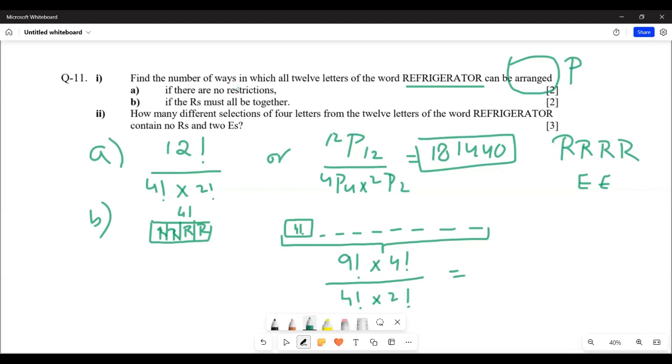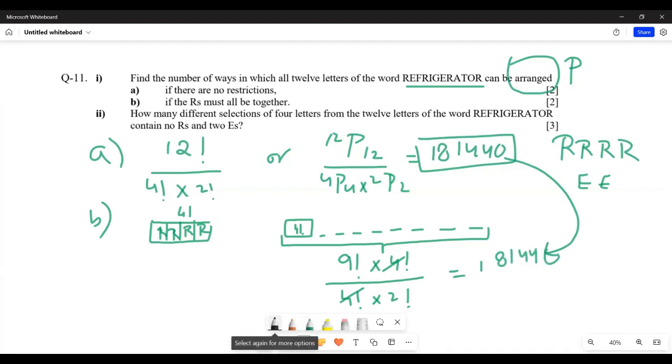So divide that with 4 factorial and 2 factorial. So the answer is, oops, 181440 was the answer for the previous part. My bad. The answer for this part is 9979200.